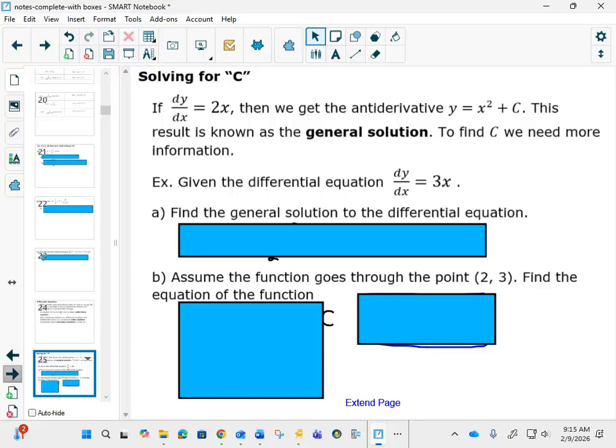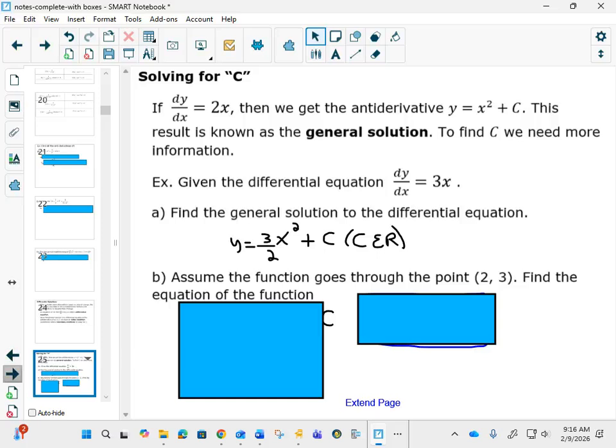So here we have a differential equation. dy/dx is equal to 3x. The general solution for this would be that y would equal 3x squared plus c. Now, assuming that the original function goes through 2 comma 3, could we find the equation?